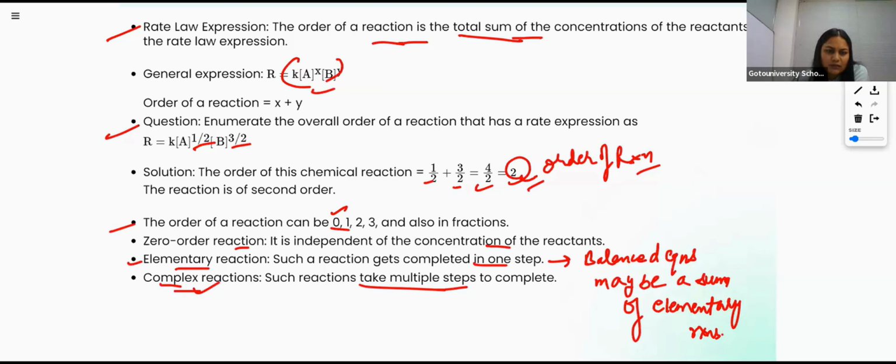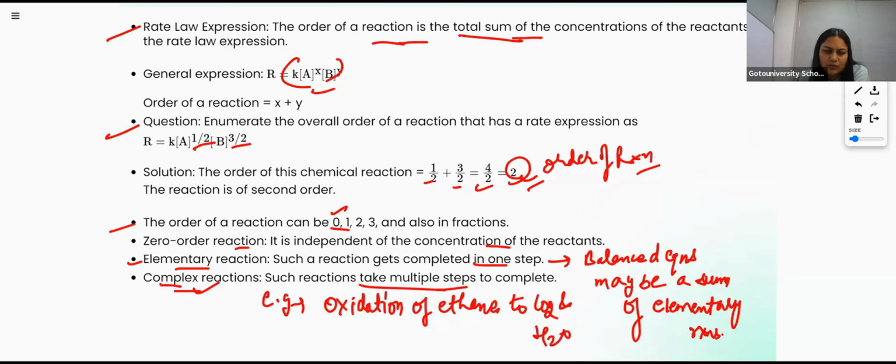Okay, examples of some complex reactions are, say, the oxidation of ethene to CO2 and H2O. Now what happens in this reaction is that an intermediate forms. There is a formation of intermediate before the formation of product.